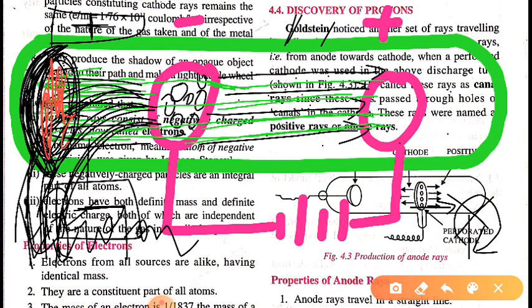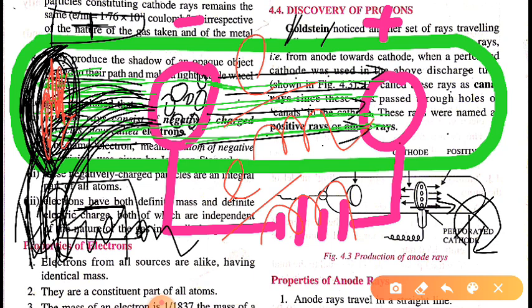Next, he told that the charge by mass ratio, the e by m ratio we have discussed, will differ from gas to gas. It means if we are using hydrogen gas, the charge by mass ratio will be different from when we are using helium gas.